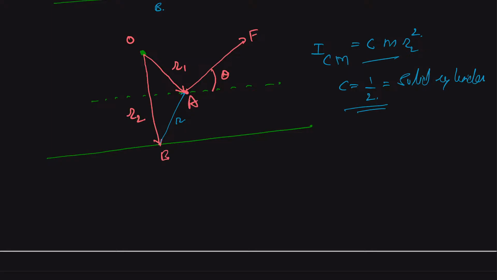So we are going to use this general formula, and later on we can substitute this as one half. So first of all, let's find out what will be our forces as well as the direction.